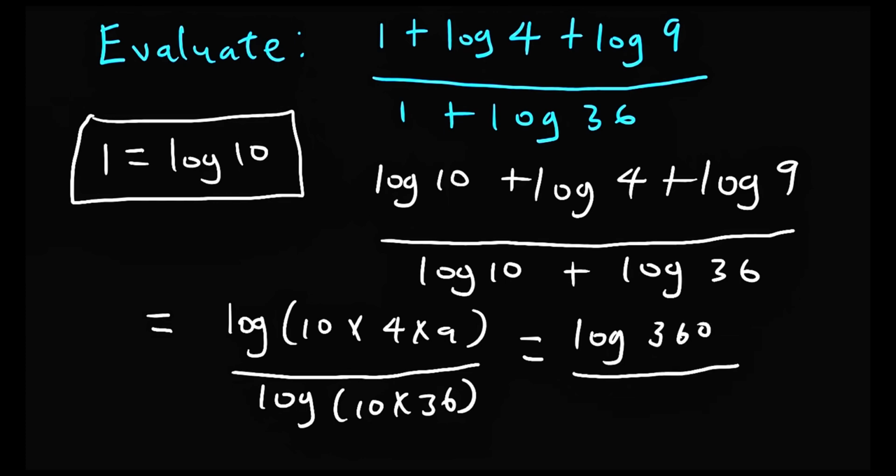And in the denominator, we have log of 10 times 36, which is also log of 360. So what we have in the numerator and what we have in the denominator are the same. So we can just cancel out: log of 360 goes here once and log of 360 goes here once, so that we have the value to be 1.